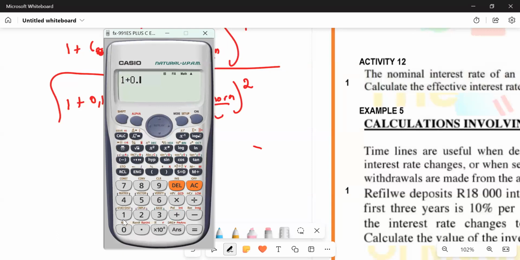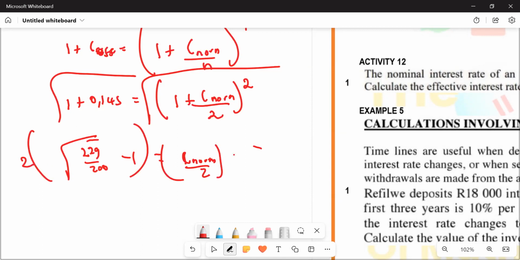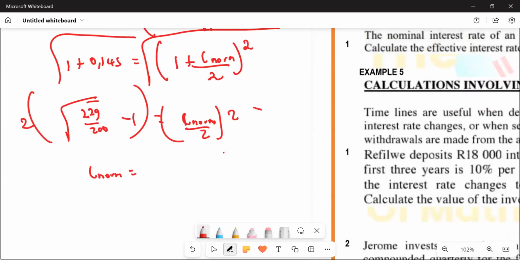It's the square root of 229 over 200, minus 1, which is going to be equal to i nominal over 2. Okay, you multiply by 2 on both sides. And then it says i nominal is going to be given by 2 multiplied by, what do we get as our answer, the square root of 229 over 200 minus 1.